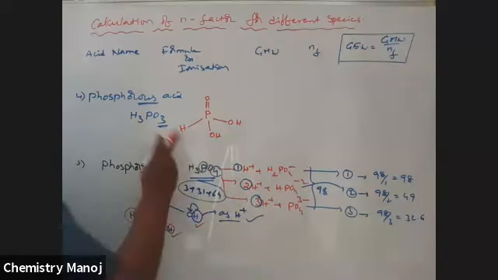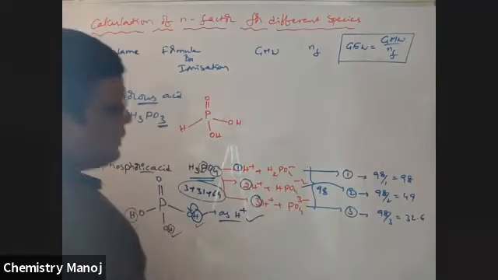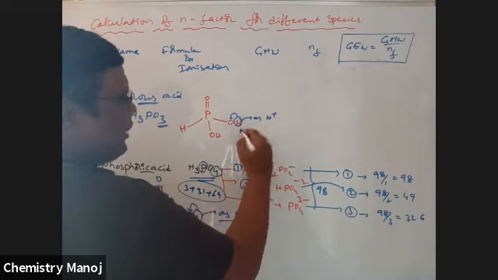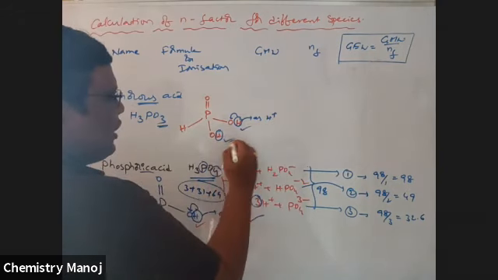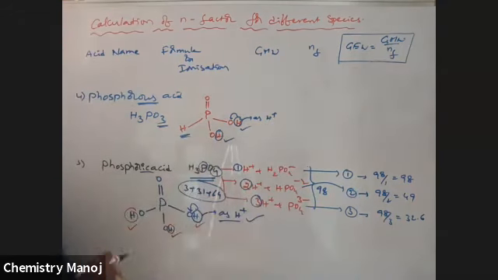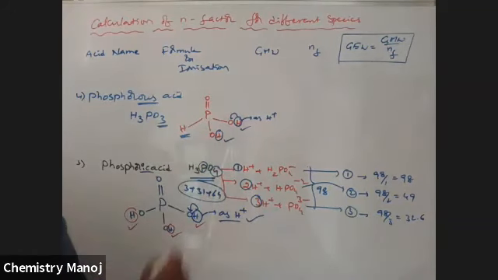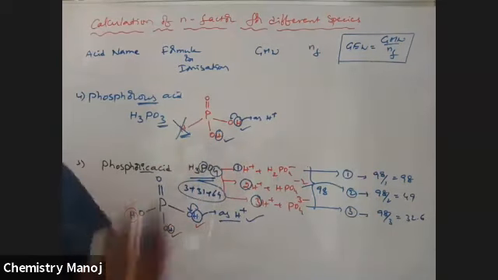Here, the hydrogen connected with oxygen is released as H plus. It is possible. This hydrogen also is possible. Is this hydrogen released as H plus? Because it is not connected to oxygen. Be careful. No, that's why this hydrogen is not released as H plus. Even though there is a hydrogen, it is not released as H plus.